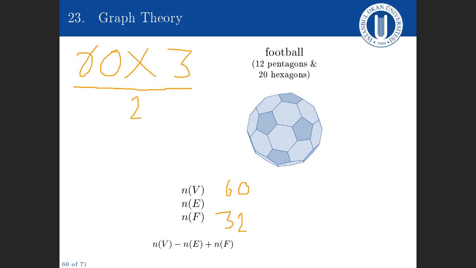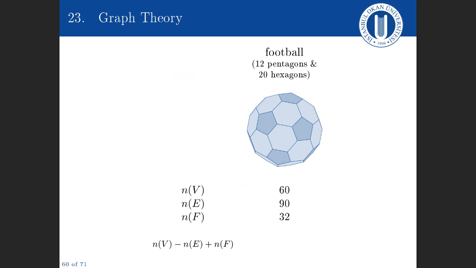Divided by 2, we get 90. There must be 90 edges here. And what do we get if we do Euler's formula? 60 minus 90 plus 32 is 2. We're always seeming to be getting 2.